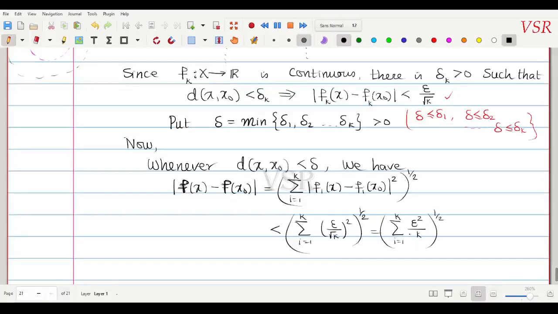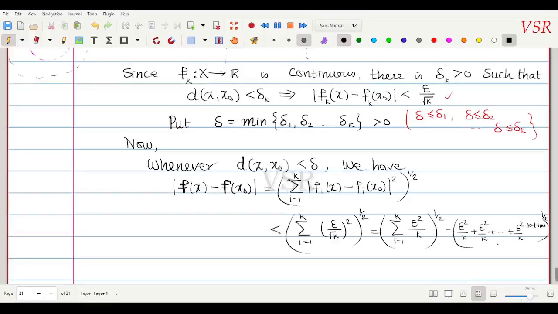How many times are you adding this? You are adding k times. What does that mean? This is equal to epsilon square by k plus epsilon square by k plus ... plus epsilon square by k, k times, and the power of everything is 1 by 2.